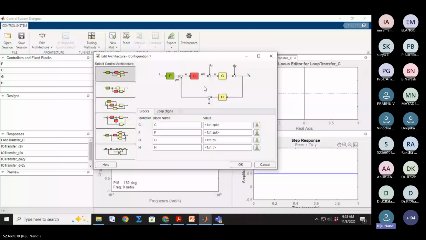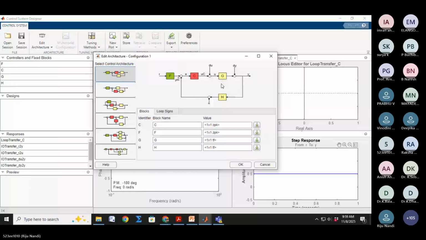Different architectures are there. This and this and this. Okay, so for the PID controller, your architecture is the same as this. Because for the PID, F is 1, C is the controlling part, the plant transfer function is G, and this is the feedback.